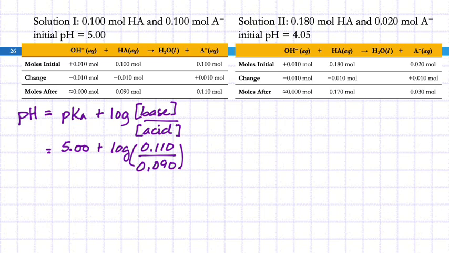Here's my calculator. So 5 plus log of 0.11 divided by 0.09. New pH 5.0872.